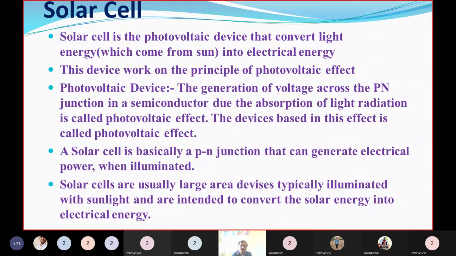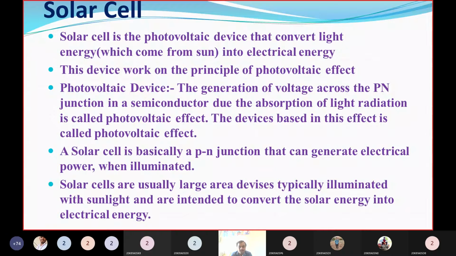Now, solar cell is basically a PN junction that can generate electrical power when light is illuminated. The solar cells are usually large area devices, typically illuminated with sunlight and intended to convert the solar energy into electrical energy.